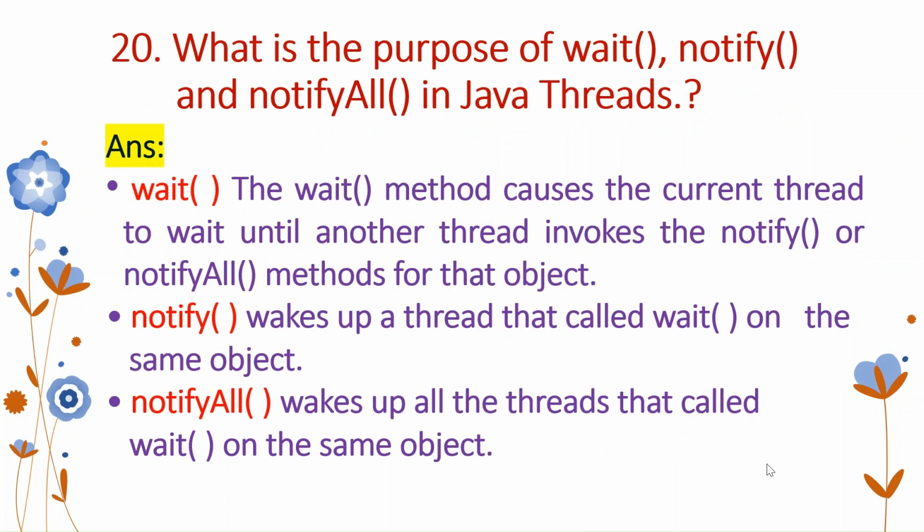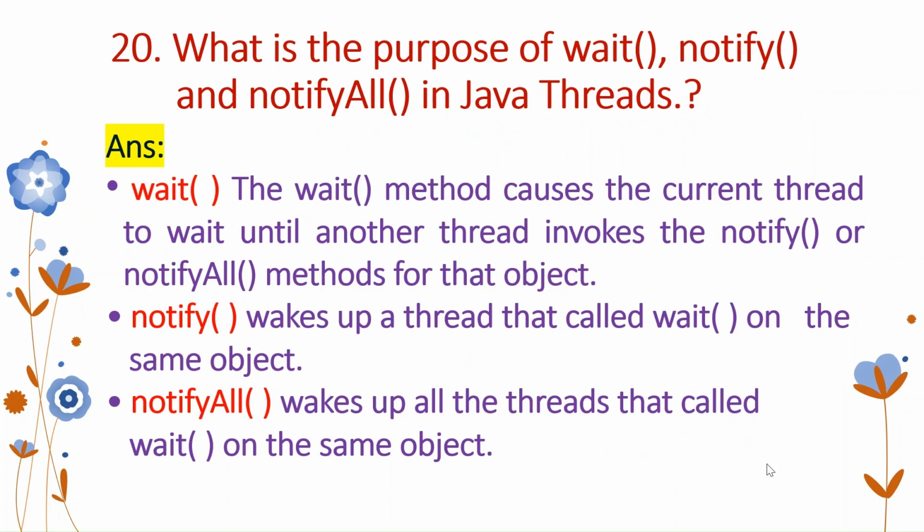The wait method causes the current thread to wait until another thread invokes the notify method or notify all method on that object. So here the current thread is in the waiting state until it gets a signal called notify method or notify all method. The second method, notify method, wakes up a thread that called wait method on the same object.